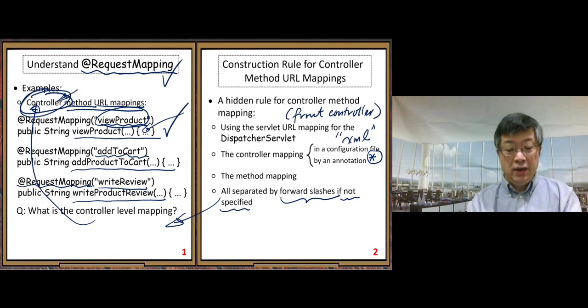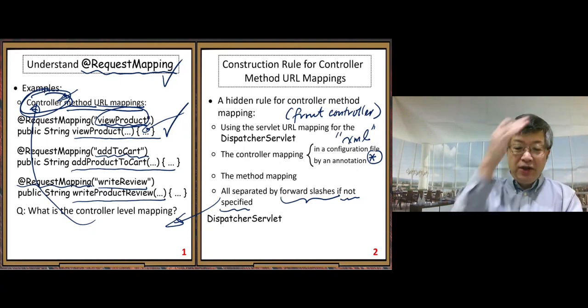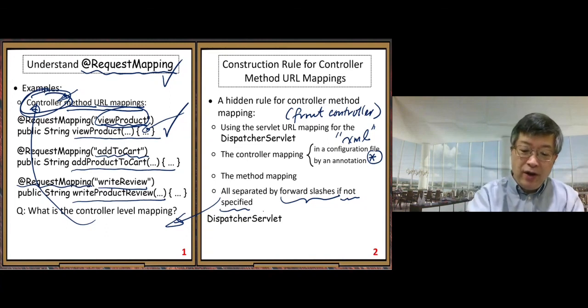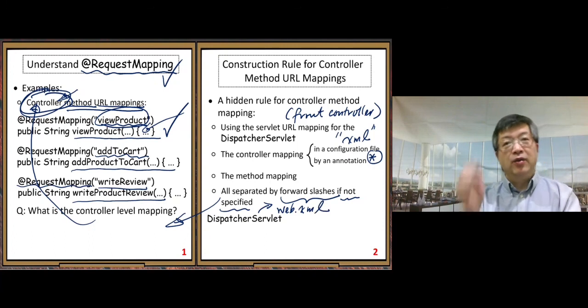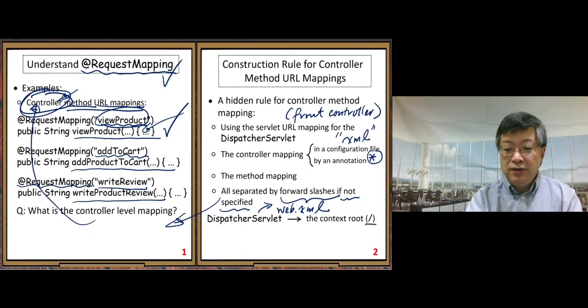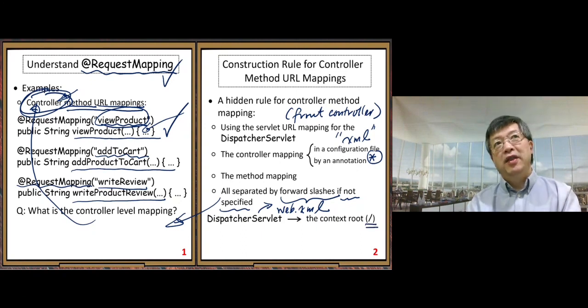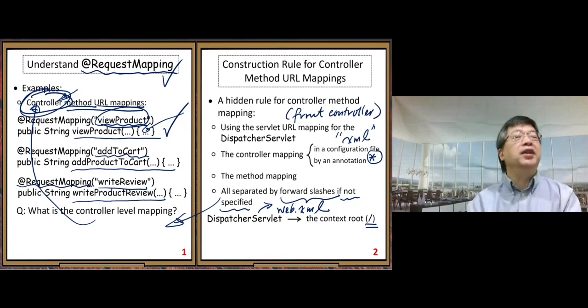Now, let's look at a concrete mapping to help you understand. For the dispatcher servlet, when we configure the servlet mapping URL in web.xml, we map the URL pattern to the context root, /. That is one of the common ways to do it.